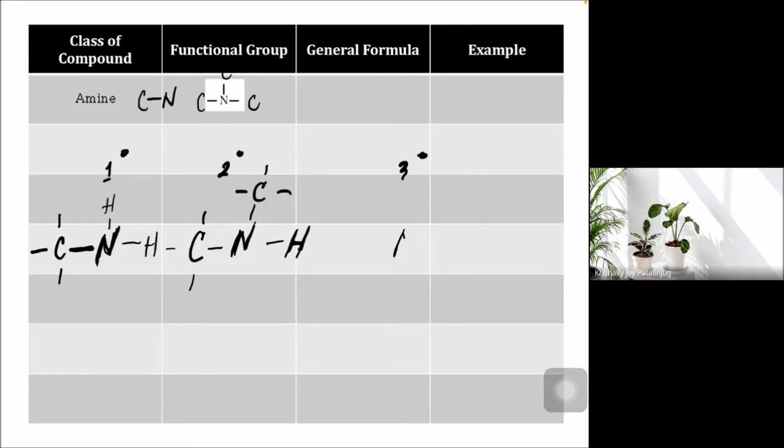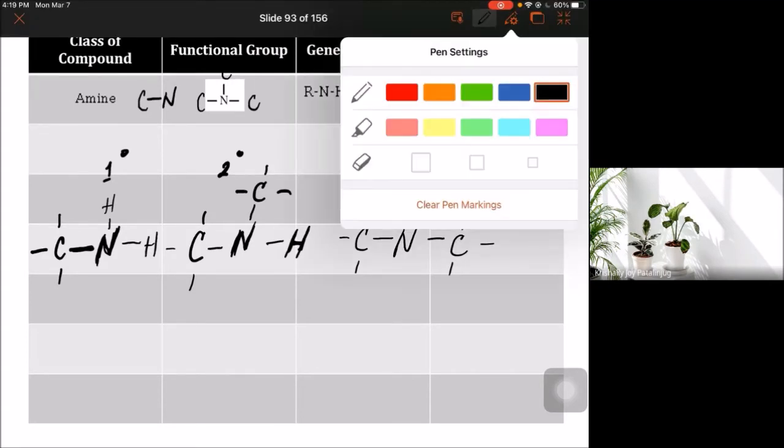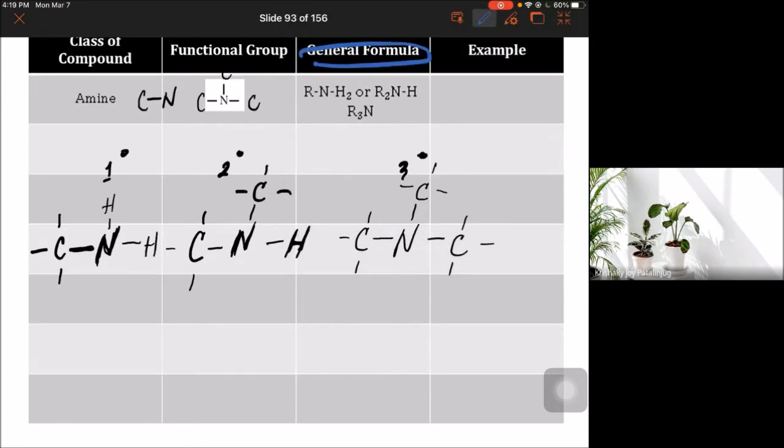Now, when the nitrogen of an amine is surrounded purely by R groups, purely carbons, then that is already a tertiary amine. That is why in the general formula, as you can see, one R group is a primary amine.